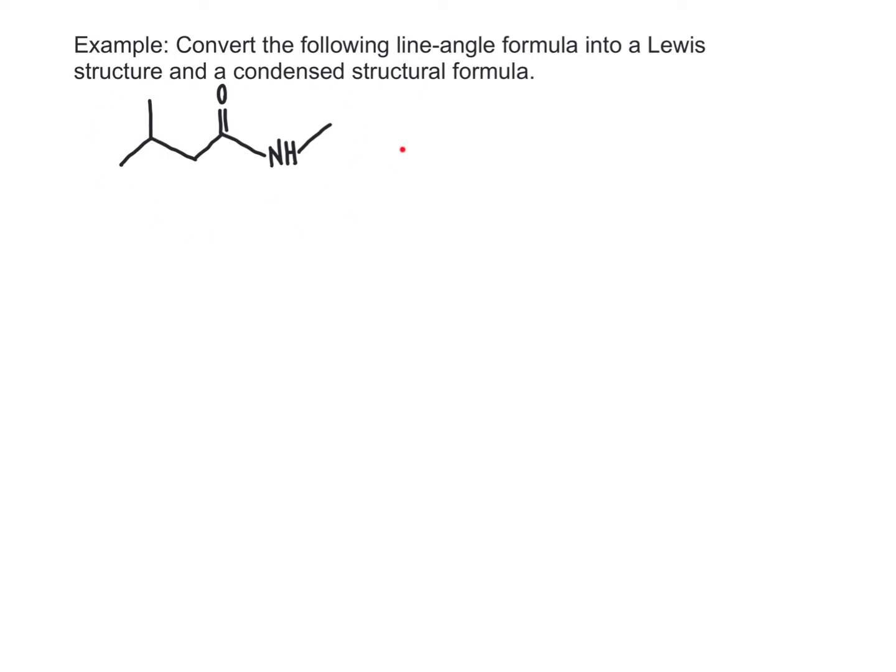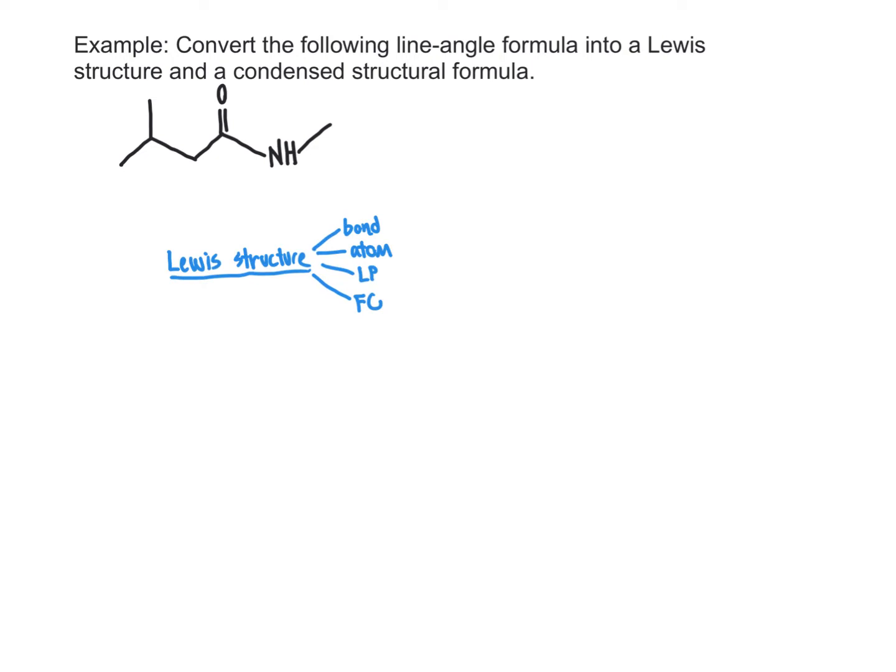So taking our line angle formula, I'm going to convert it into a Lewis structure first. Remember that Lewis structures, by definition, show every single bond, every single atom, every single lone pair electron, and every single formal charge on every single atom.